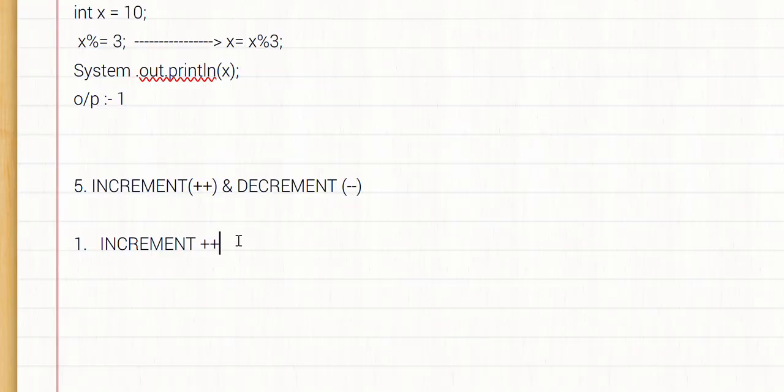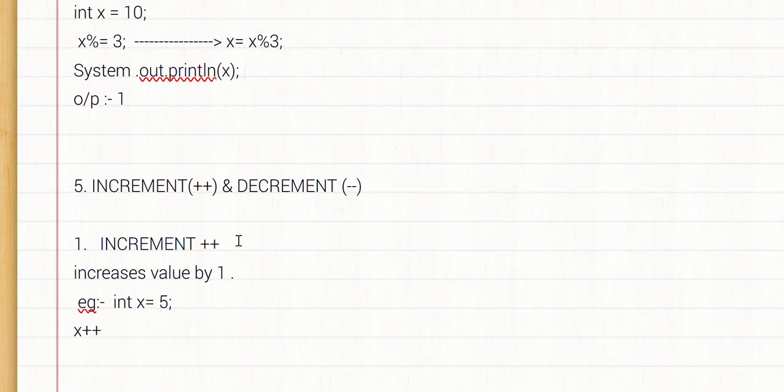Increment has 2 pluses, so if you get only increment, then its value will be increased by one time. It increases the value by 1. Example: let int x equals to 5, x plus plus.